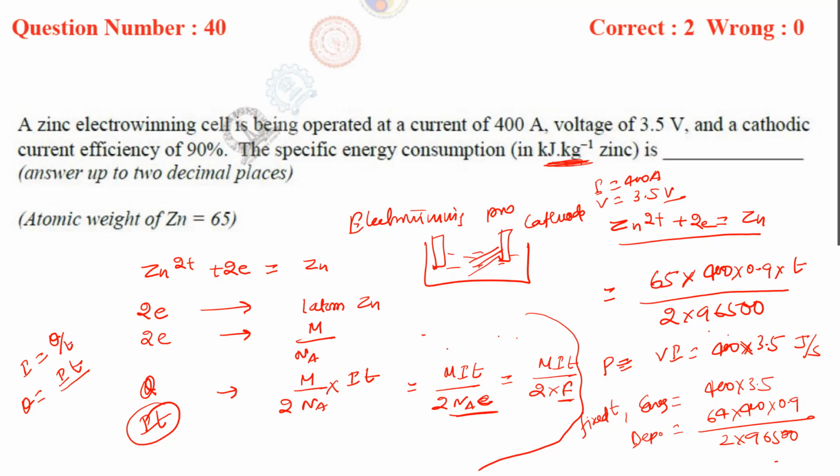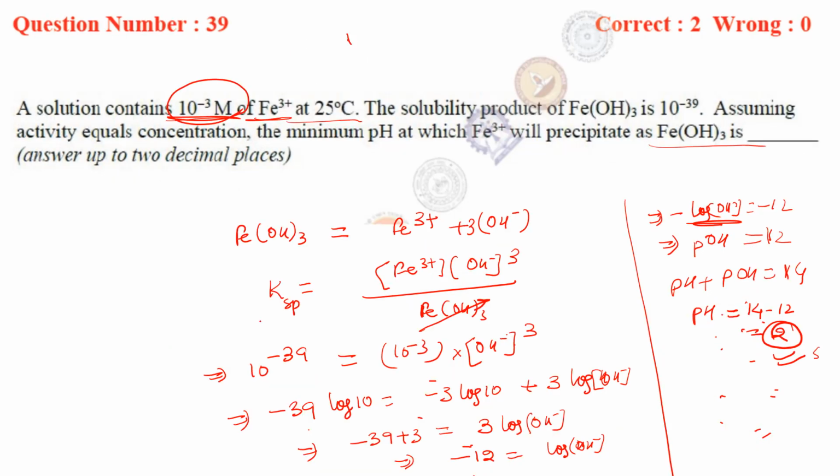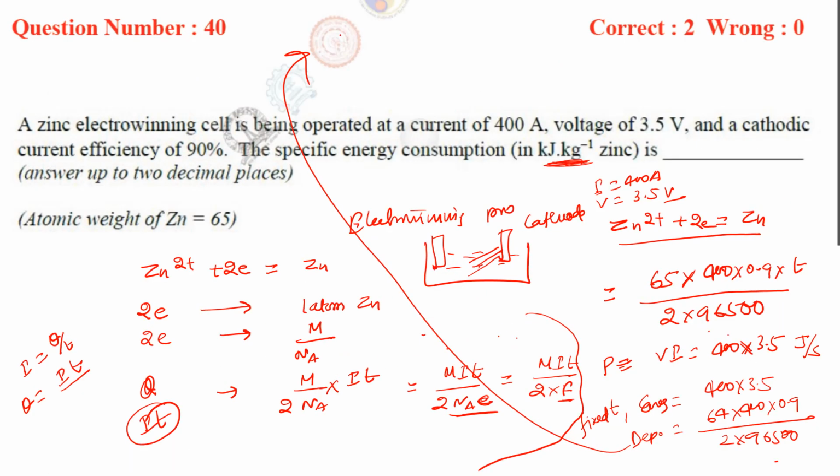So now I'll write here. The energy per unit kg will be the total energy, that is 400 into 3.5, divided by 65 into 400 into 0.9 divided by 2 into 96500.